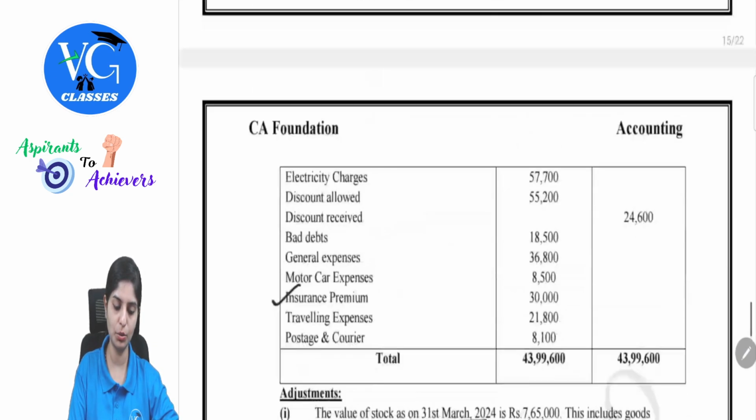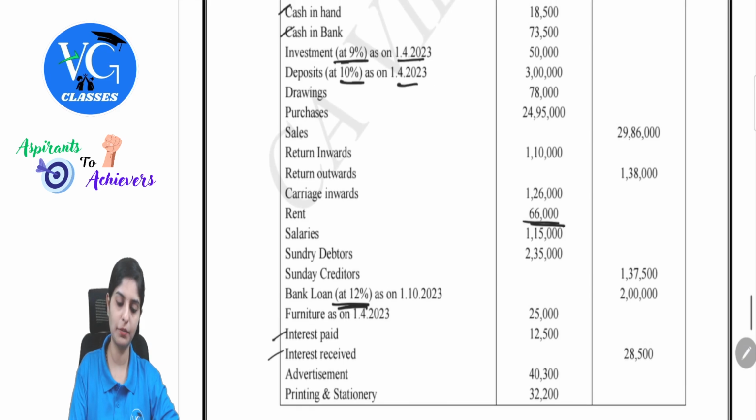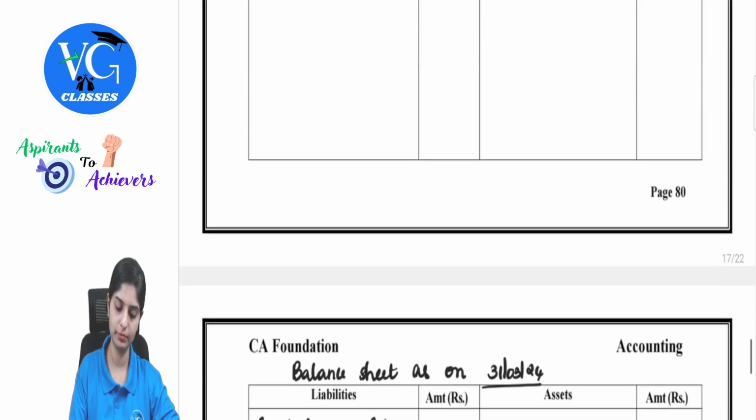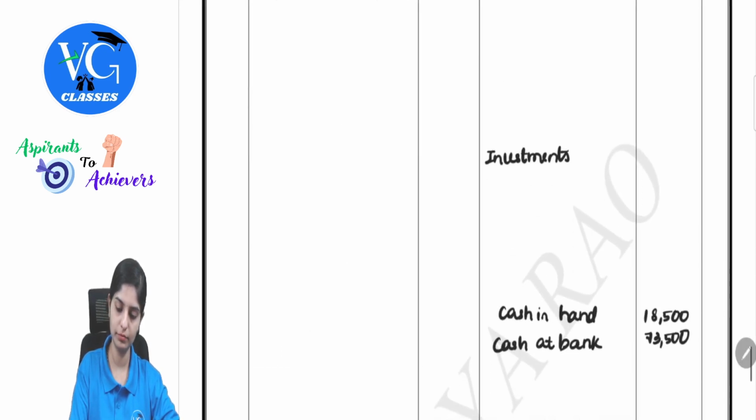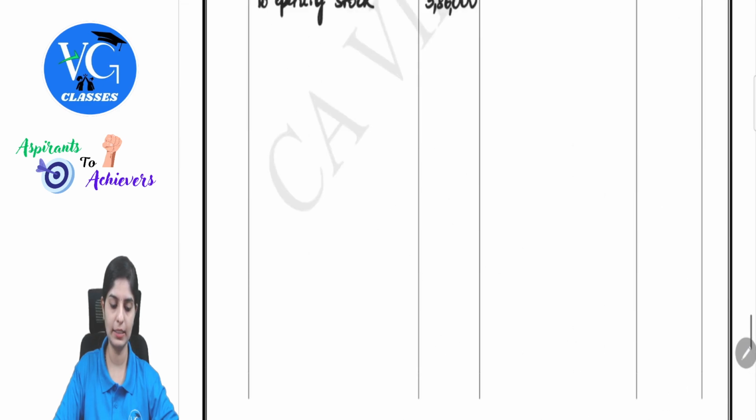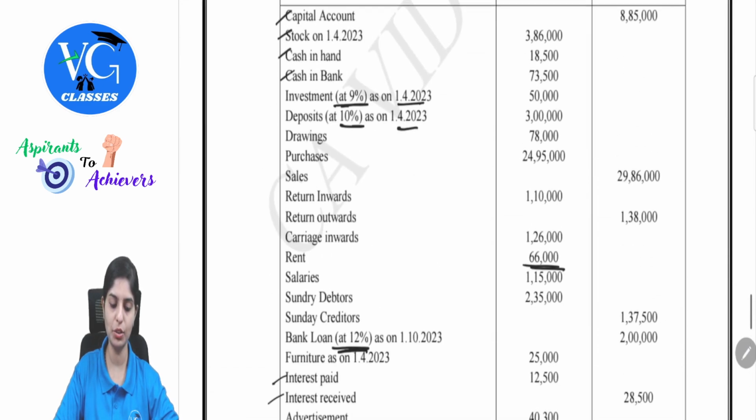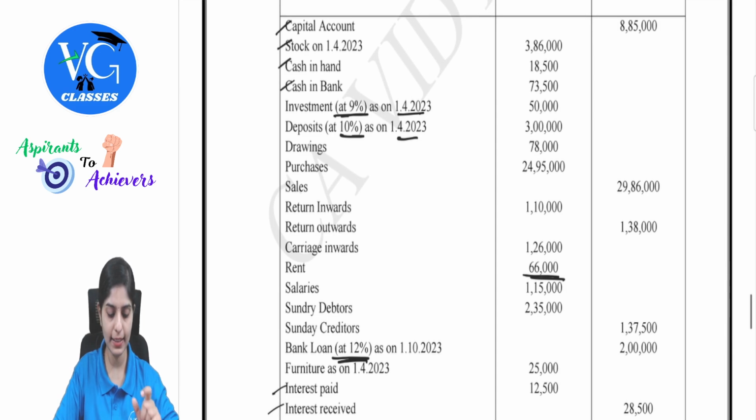Investments, what was the value? Investments is 50,000. With respect to this, there is some interest calculation which needs to be done. We will address that when we come to that particular point.